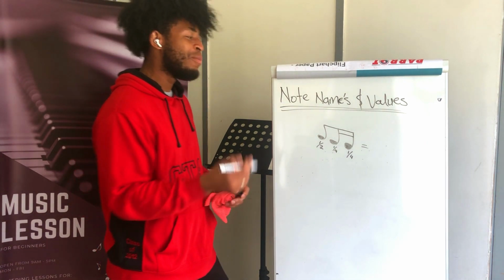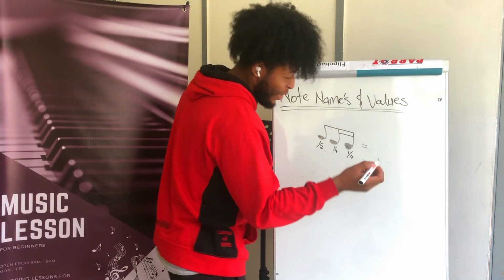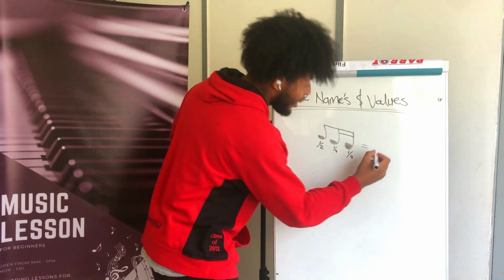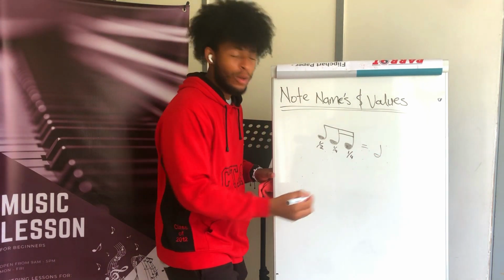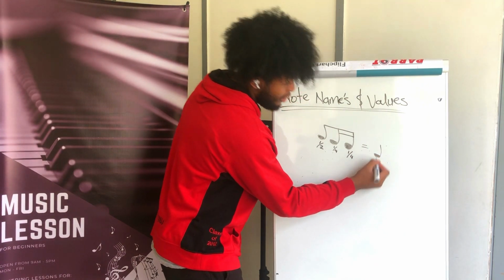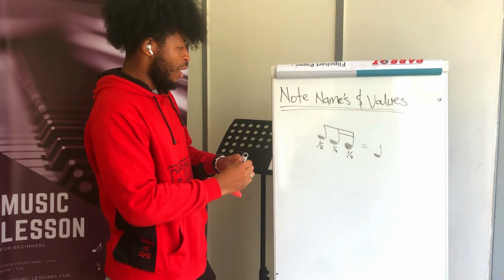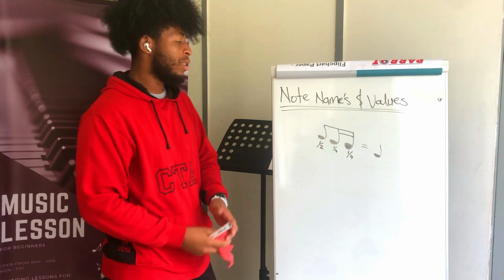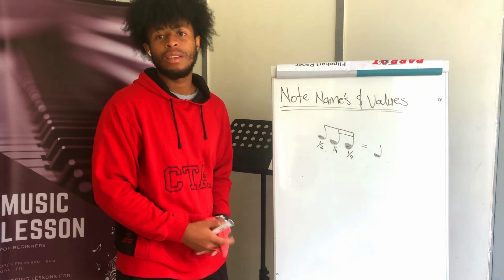I'm sure you all didn't get it, but if you guessed the quaver, then you're correct. I'm joking. You see? I got you guys. If you guessed the crochet, then you're absolutely right. Okay? So, a quaver plus 2 semi-quavers is equal to a crochet.